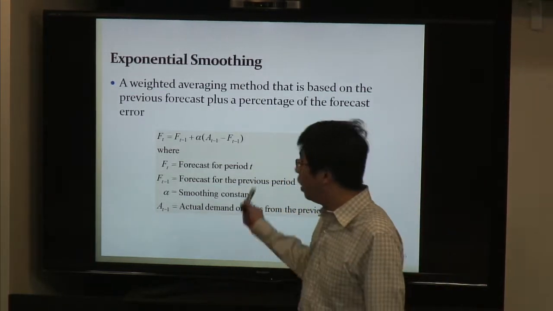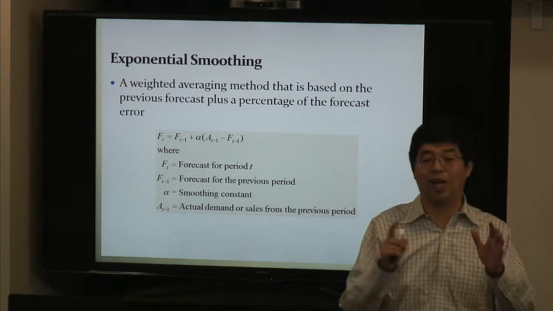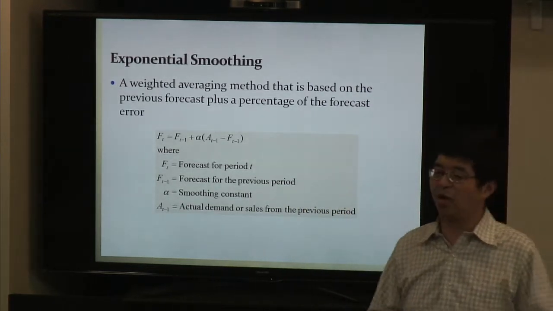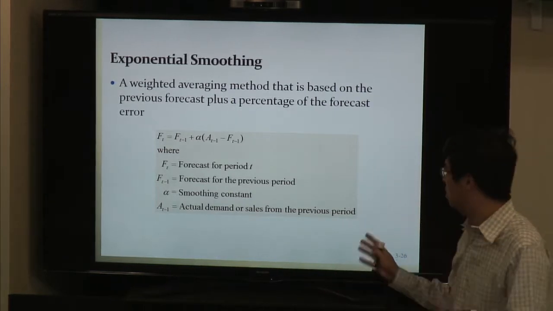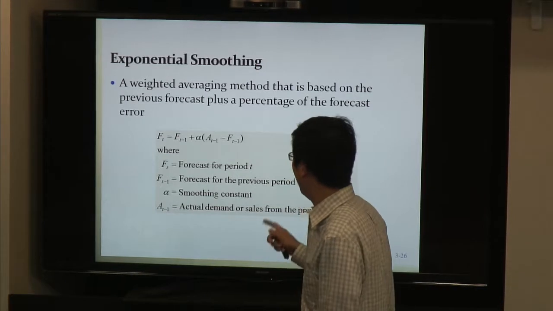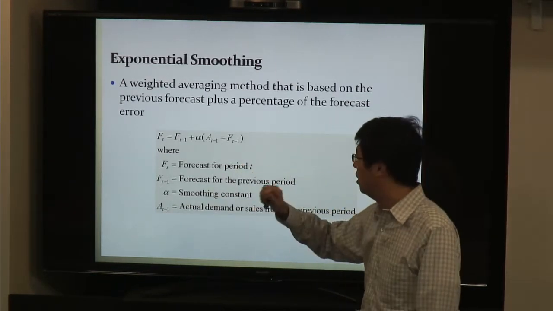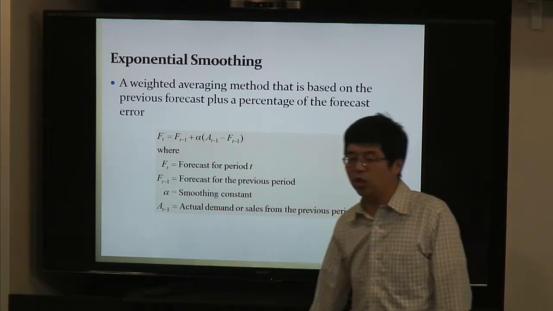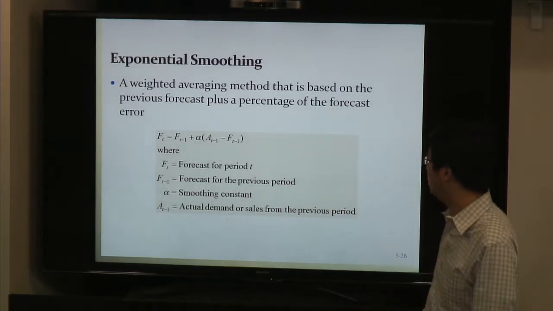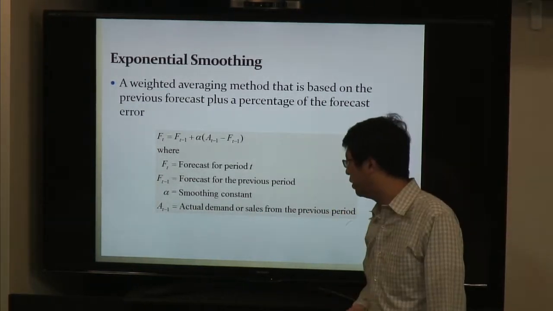When we talk about period, always remember it can be daily, weekly, monthly, quarterly, yearly. It can be any period. So Ft minus 1 is the forecast for the previous period, t minus 1. Alpha is the smoothing constant, and At minus 1 is the actual demand or sales from the previous period.